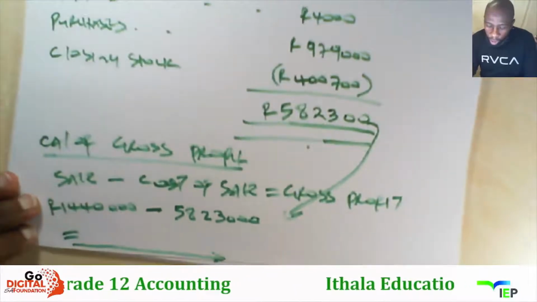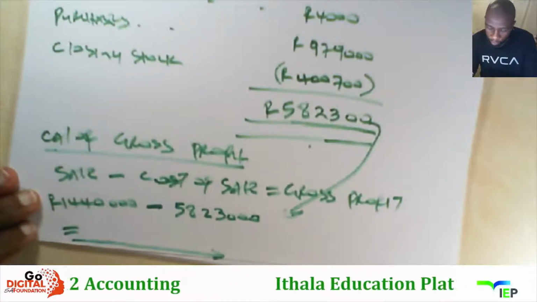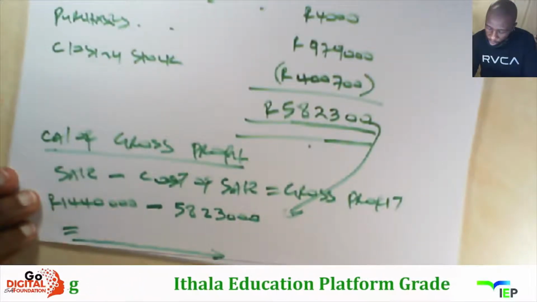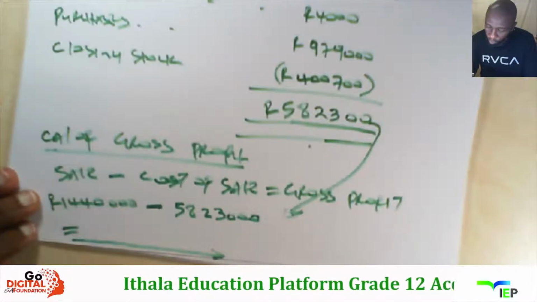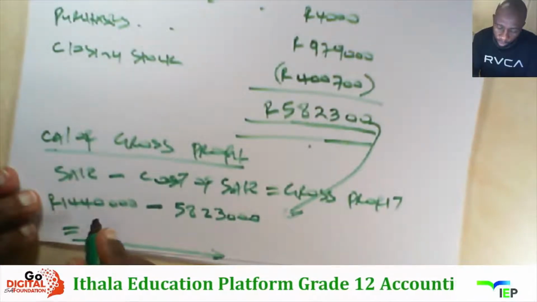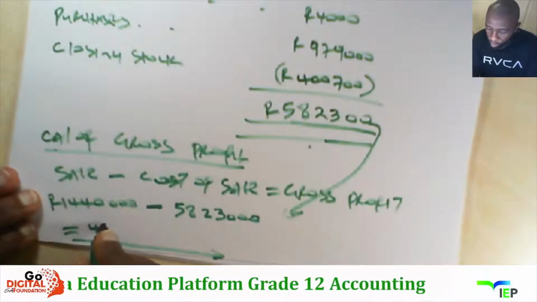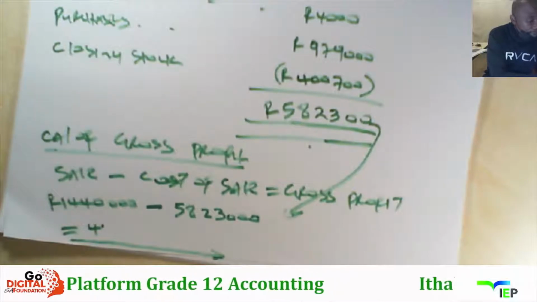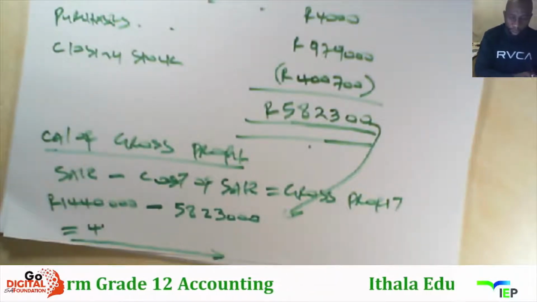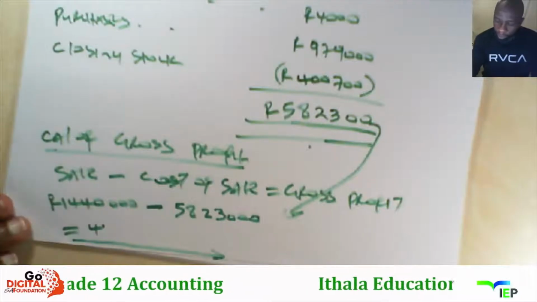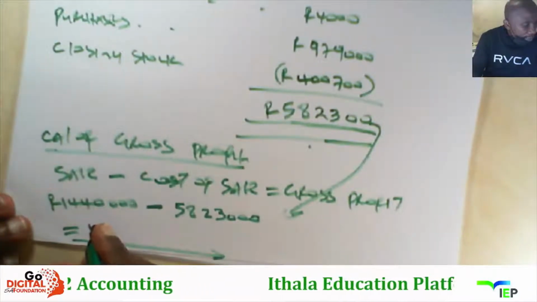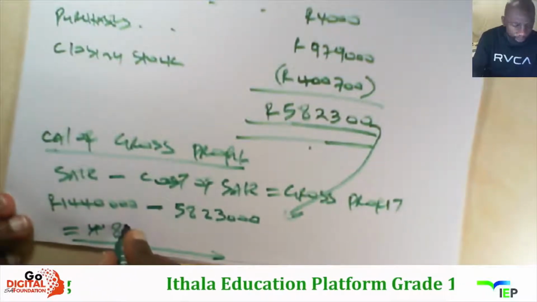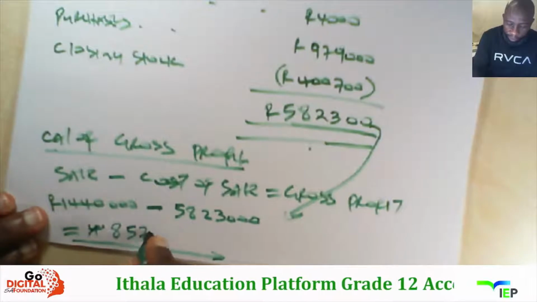So now we are saying 144,123 minus 5823. You get the answer there of the cost of sales. It's 857.